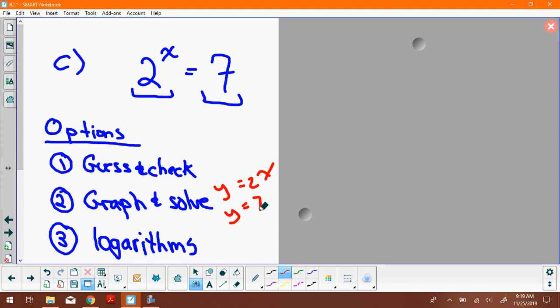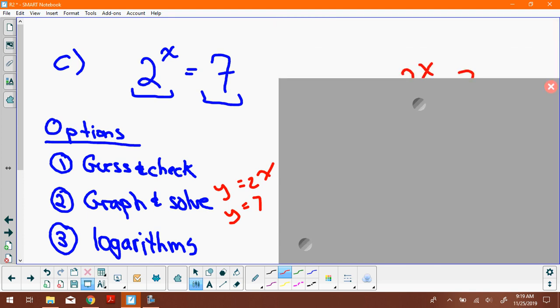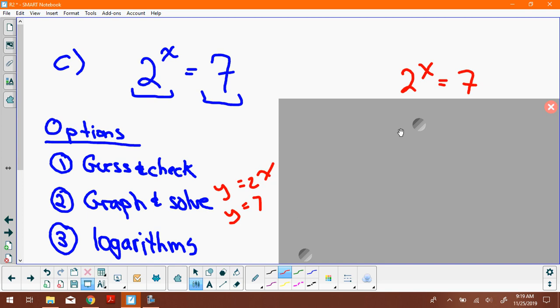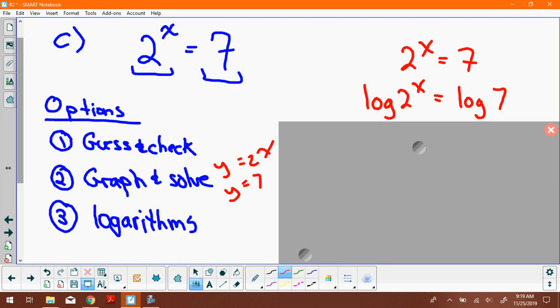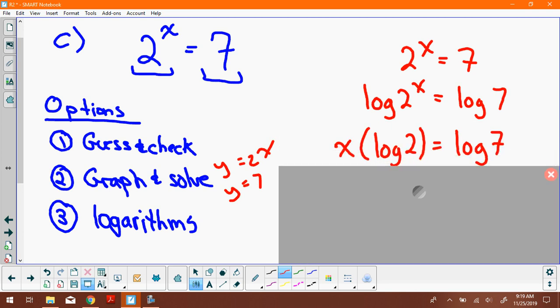The third method is logarithms. So I'm going to review how to solve with a logarithm. The first step is we take log of both sides. So I write a step where I write down log on both sides. What this allows me to do is bring the exponent down. So I have x times log of 2 is equal to log of 7. Now to get x by itself, we divide both sides by log of 2.